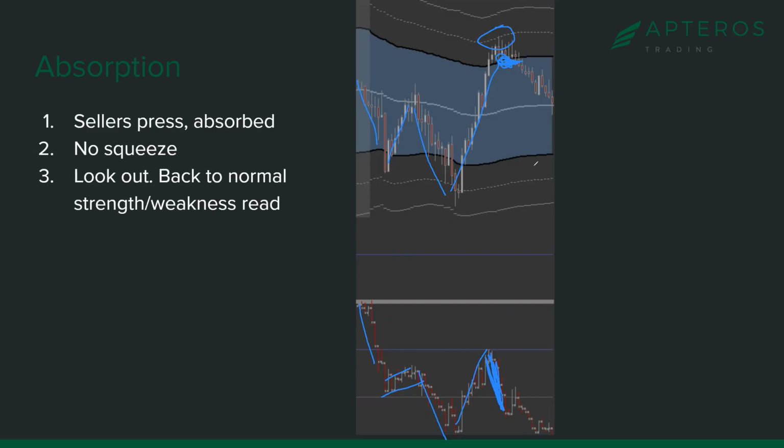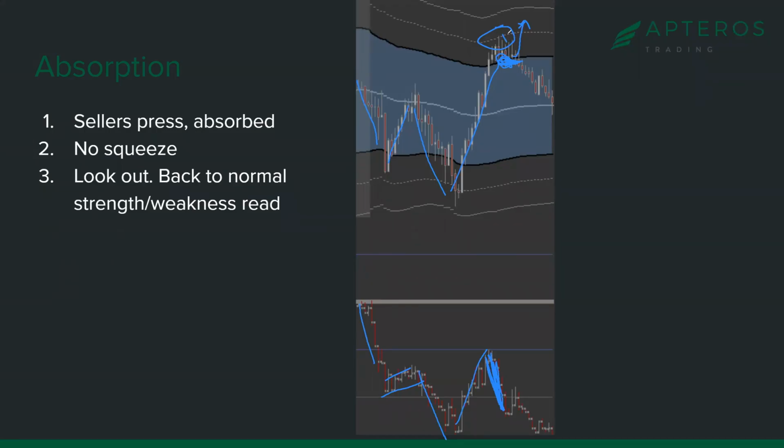What should we see as we enter kind of a phase two read, where we say, okay, a lot of trapped sellers here. They could really get squeezed out of that position, having to buy back. But it doesn't happen, does it? There's a couple little blips.